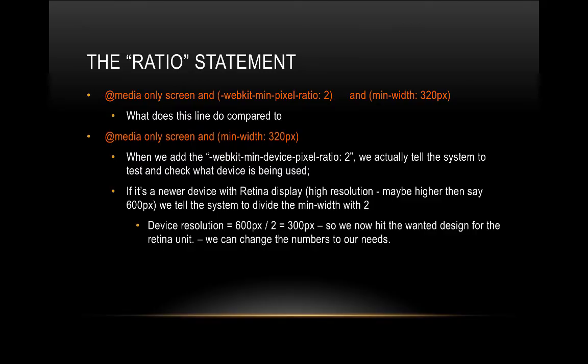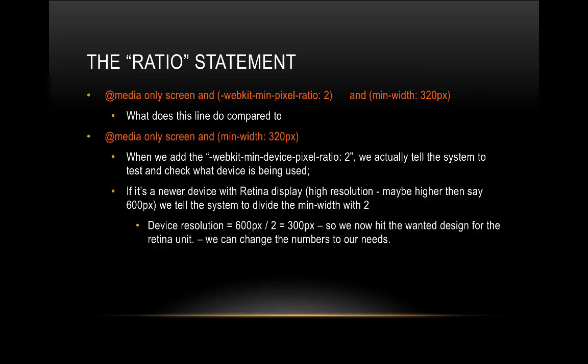I quickly just talked about the ratio statement before. This is just another way of looking at it if we want to. As I mentioned before, depending on what sort of screen we're using, if we're using a retina display, we can divide the numbers by 2. We can actually add a 3, and then in this case 600 would go all the way down to 200 pixels.